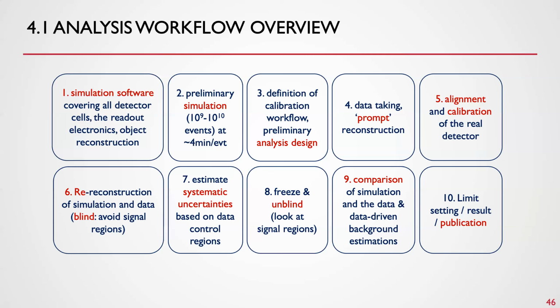You obtain the result of your measurement as a function of the uncertainties on your background estimation and all the other effects that you have accounted for before you froze the analysis, and then you publish the result.